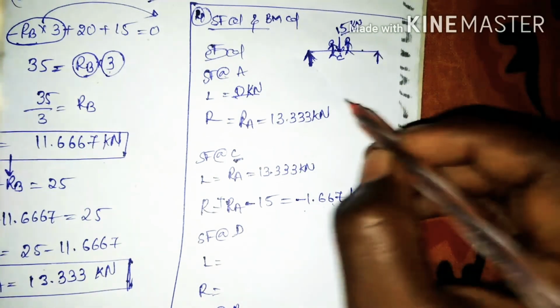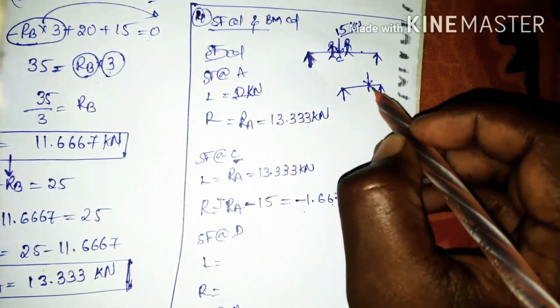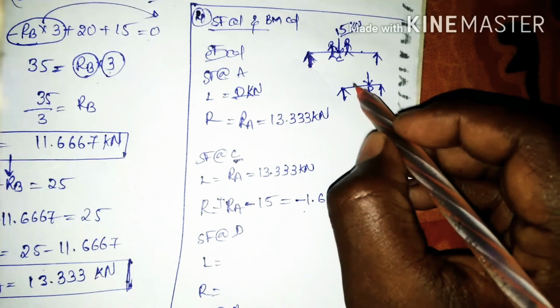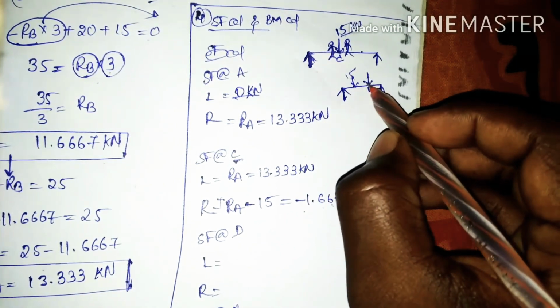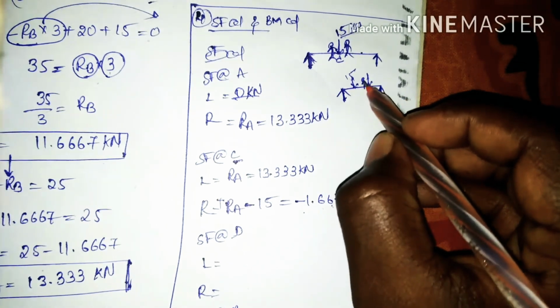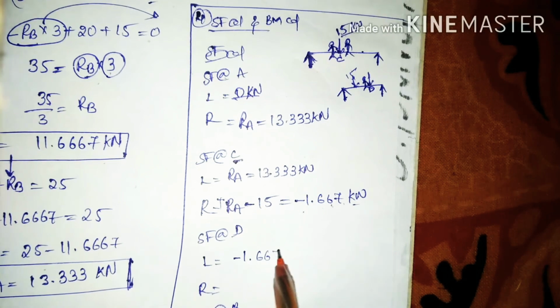And moving on to point D, up to D we have RA and the 15 kilonewton load, thereafter the 10 kilonewton. For the left of D, the 1.667 is going to continue.